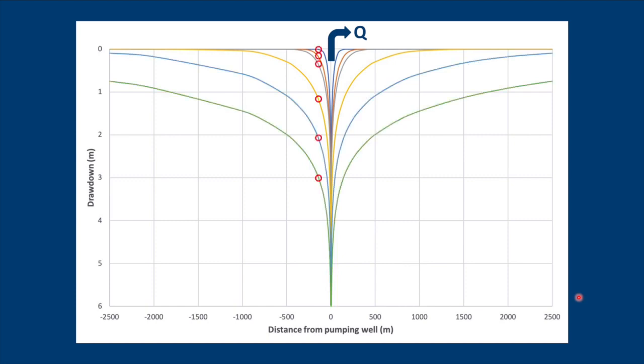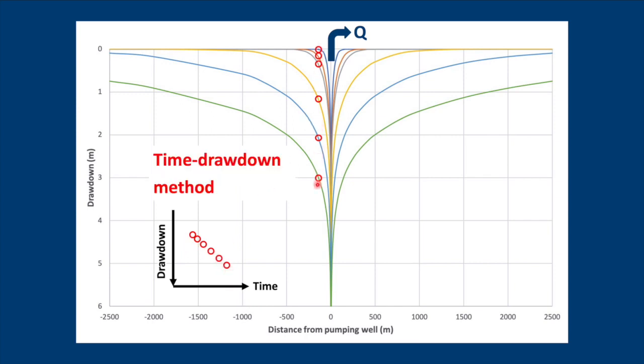If we have an observation well at a fixed distance from our pumping well and we record the drawdown at various points in time, we can plot it like so. So the drawdown on the y-axis, time on the x-axis, and then you'll see that as time progresses, drawdown increases. Basically, it's going down. This is what's called the time-drawdown method.